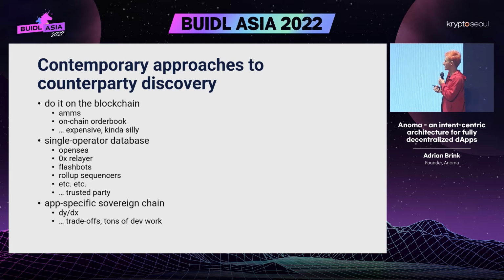The other approach is you run a single operator database. This is, outside of Uniswap and the AMMs, by far the most popular way because it is very easy. Because you just centralize the entire thing. You say, oh, I'm OpenSea, I'm going to run a single server that accepts all messages, then does some compute over, let's say, 100 signed messages and only settles the matching messages on Ethereum.